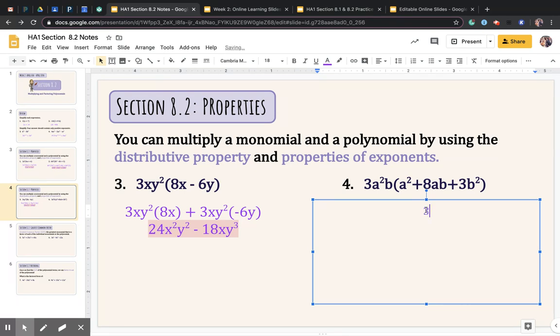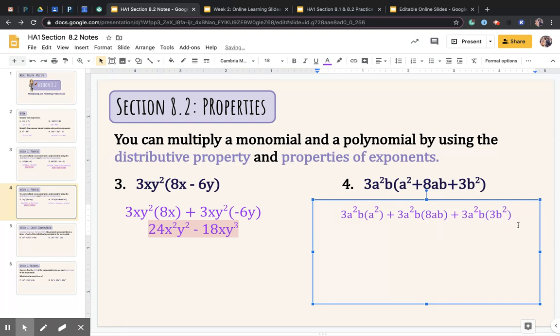So 3a squared b times a squared plus 3a squared b times 8ab plus, again, 3a squared b times 3b squared. And again, I am going to go back in and add the exponents. So this is a squared, a squared, a squared, b squared.